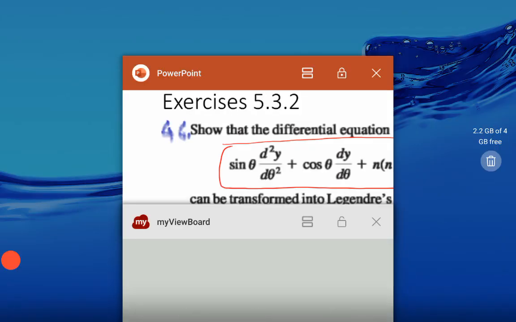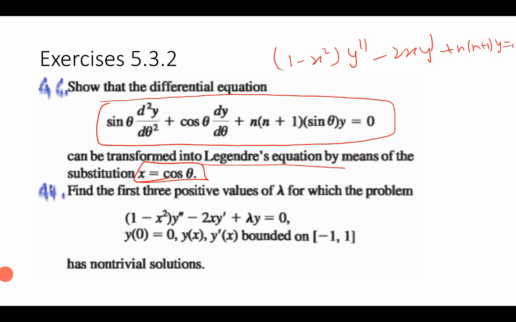Okay, and the next problem is find the solution of this one. It's quite easy. What we have to do is, the general solution for the general function yn is Pn of x, right? And y of 0 is 0 given by properties.